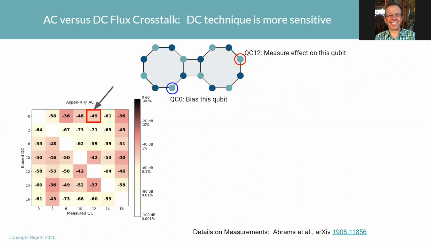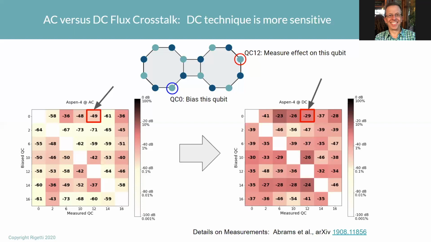As I said, AC crosstalk is what we use to actually modulate our qubits during use. But what I'm going to be measuring in this talk is actually the DC crosstalk. And what you see is that it's a more sensitive measure of the crosstalk between the devices.